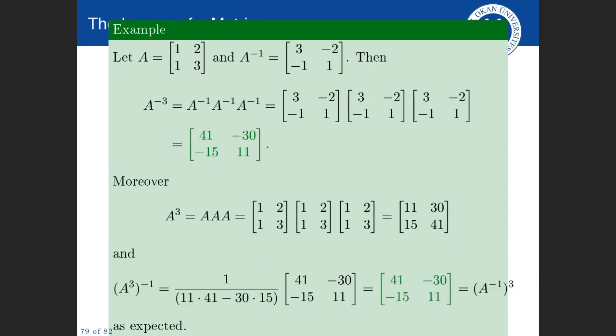Using our formula for an inverse, the inverse of A cubed is 1 divided by the determinant. And then we take the 11 and the 41 and we swap their positions. We put a minus sign on the 30 and we put a minus sign on the 15. We get this green matrix, and just as the theorem said it should be, it's exactly the same as A to the power minus 3.